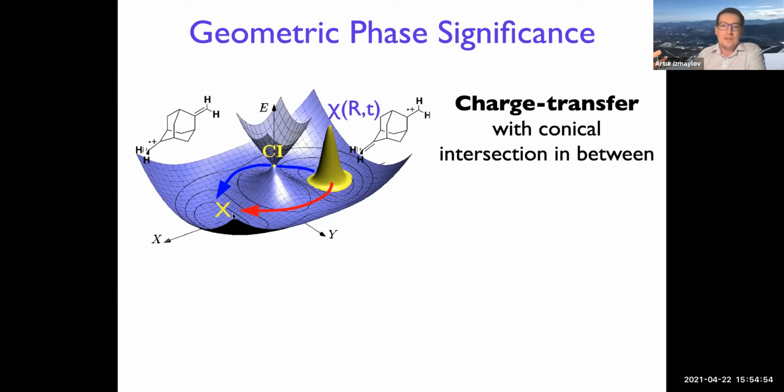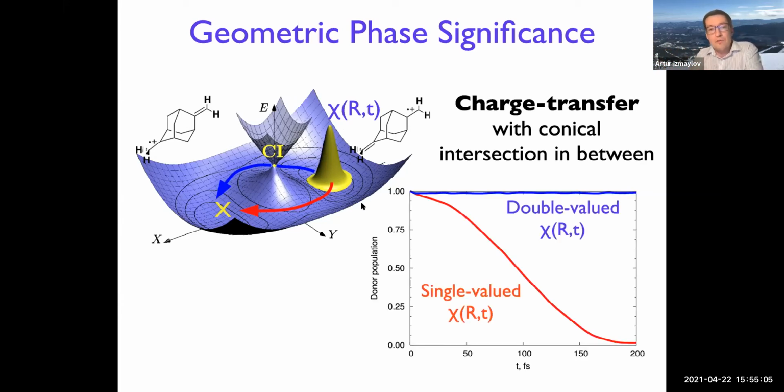The parts going from one side and the other acquire geometric or topological phases that differ in sign. If you account for that buildup of phase, the donor population versus time changes negligibly, and your system stays in one well.